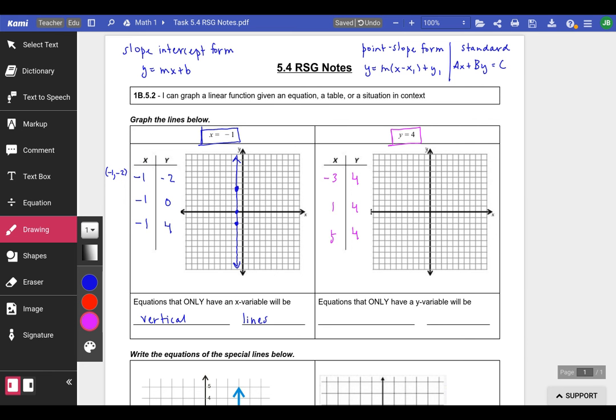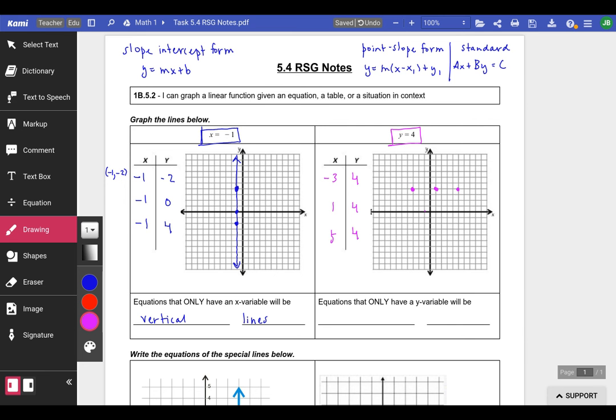So now again, I have 3 points to graph. My first one is (-3, 4). So that's 1, 2, 3 to the left and up 4. (1, 4) tells me go over 1, up 4. And (5, 4), I go 1, 2, 3, 4, 5 to the right and up 4.